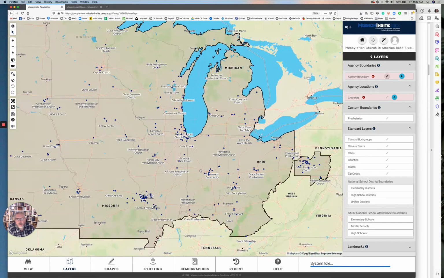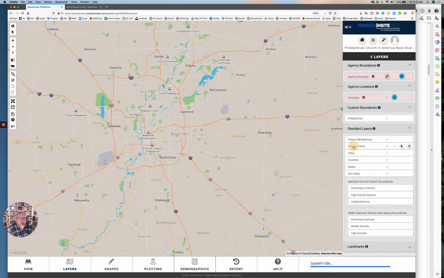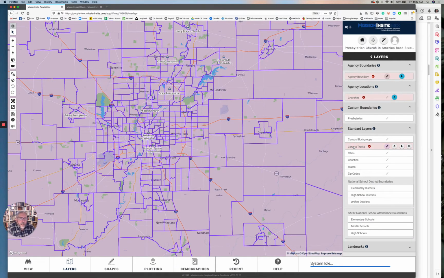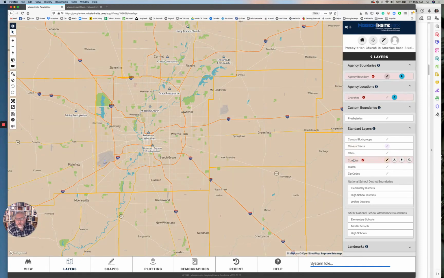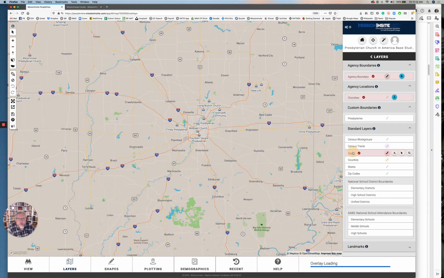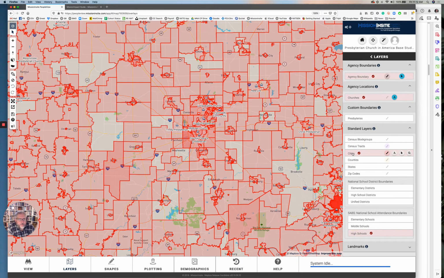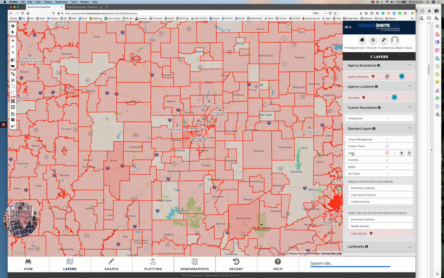You're also able to get even more detailed if you want to look at different census tracts and identify and do searches by a census tract, by counties, by municipalities, cities, such as that. You can look at it in the context also of high schools and where those boundaries may be.